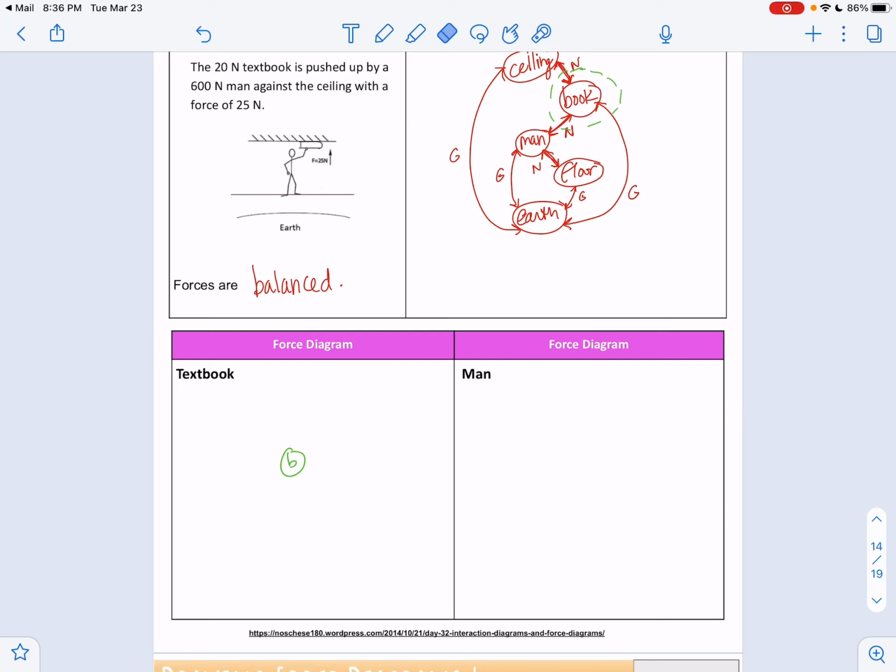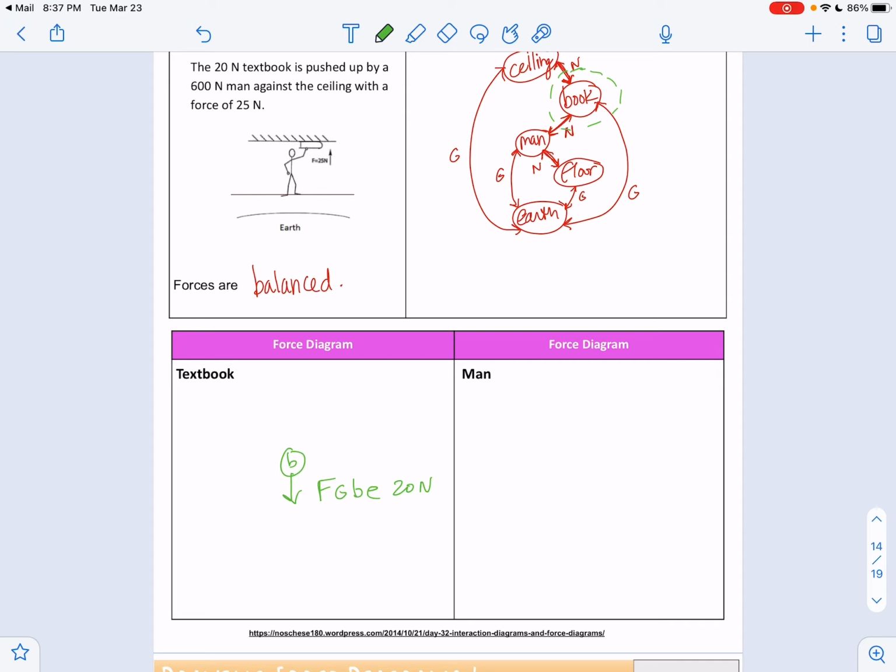So force of gravity on the book from the earth, because that's the other object. And that's 20 newtons, because remember, when it looks like an adjective, like a descriptor of the thing, that is its force of gravity. Or later next week, we'll learn that we call it its weight.